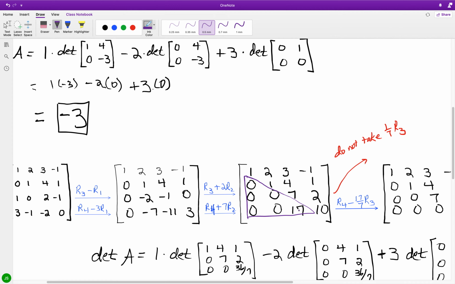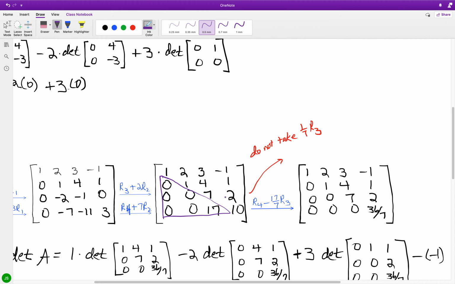So we're going to have 17 minus 17/7 of 7, so it'll be 17 minus 17, which will be 0, and 17/7 times 2 would be 34/7, and if that is deducted from 10, being 70 over 7, the difference will be 36/7. And if you notice, we have this particular triangular array of zeros.